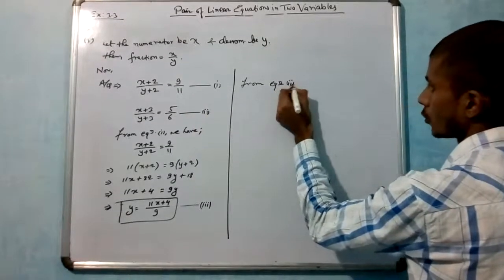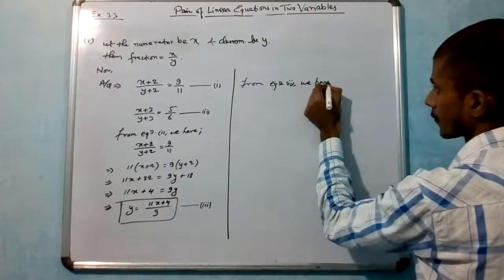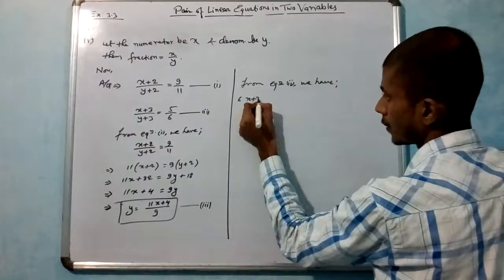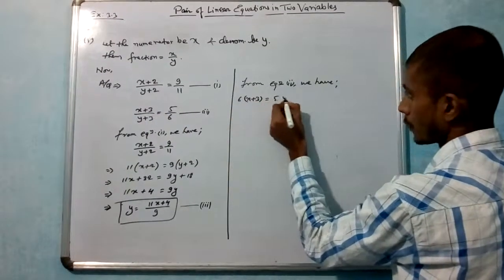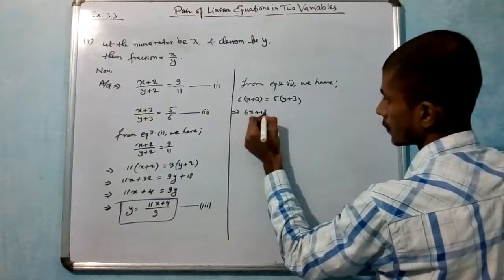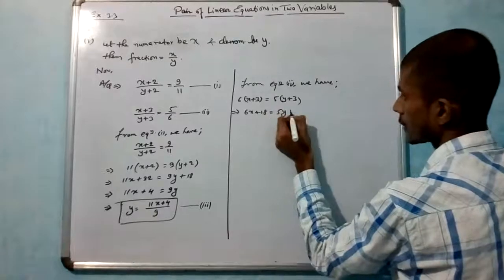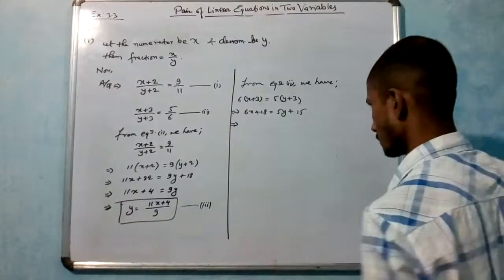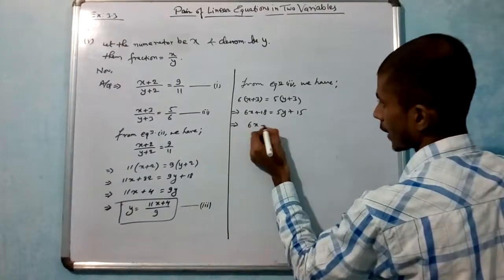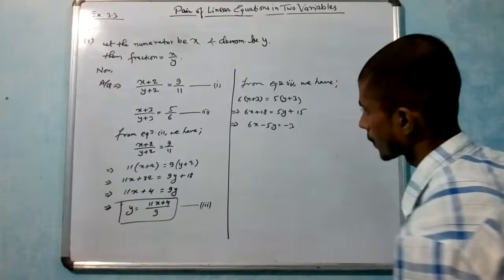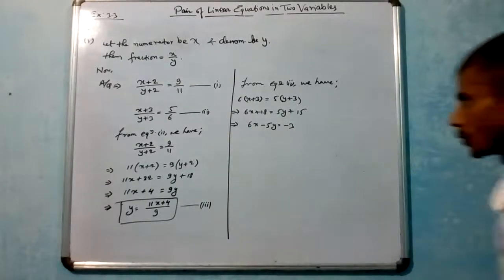From equation 2, what do we have? 6 times (x plus 3) is equal to 5 times (y plus 3). 6x plus 18 is equal to 5y plus 15. Then 6x minus 5y is equal to how much? Minus 3, no?